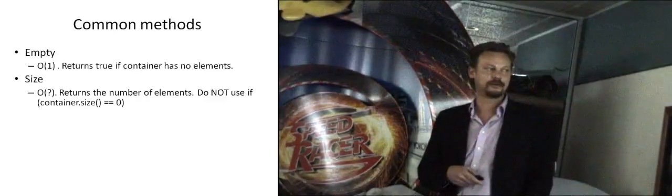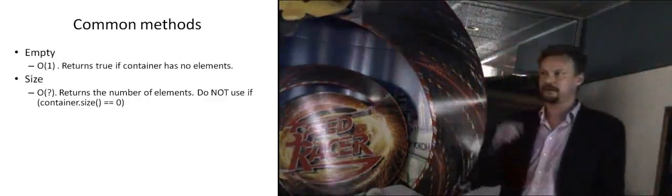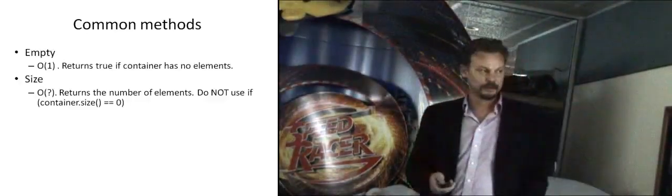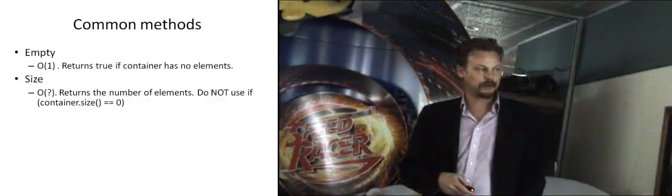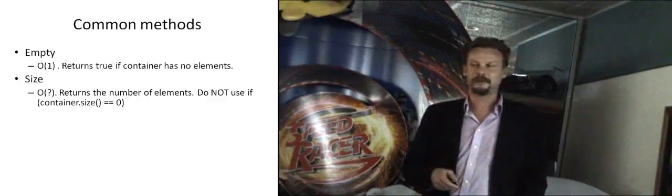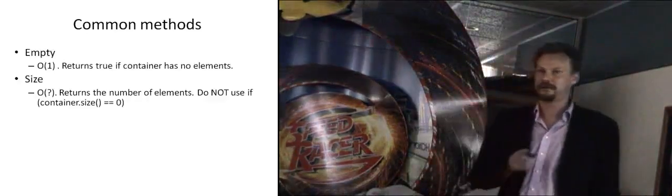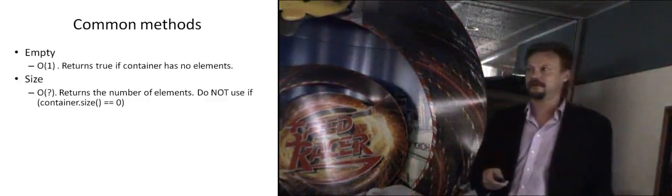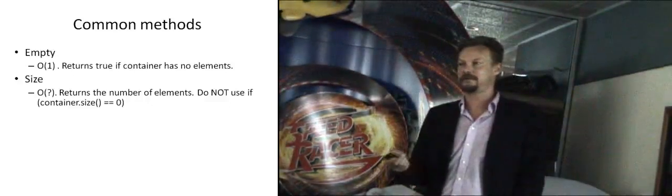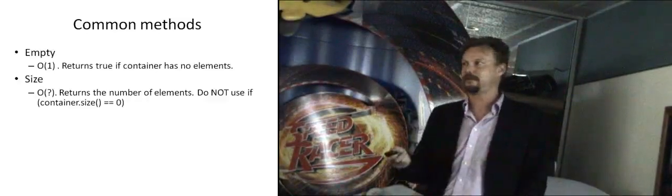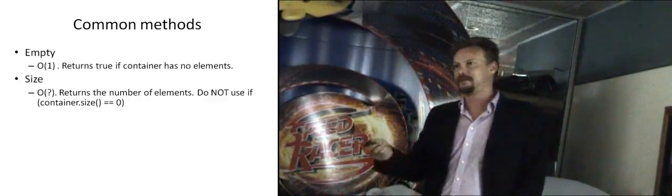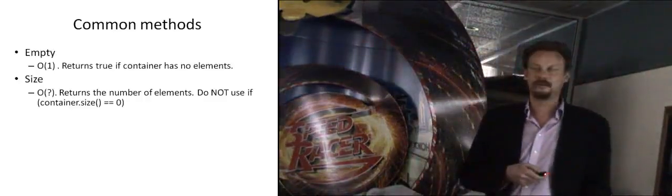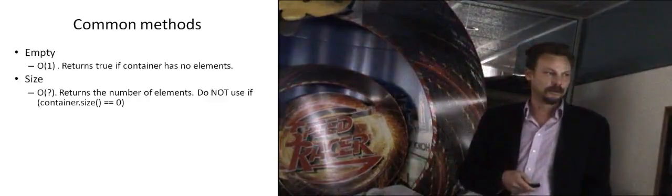There's no requirement on the complexity of size for a container, whether a sequence or an associative container. An implementation is free to say if you want to find the size of a list, it will have to count through every element of that list and then give you the size. So if you want to know if the list is empty and you've got a list of 4,000 items, it's going to count through all 4,000 objects just to tell you that there's not 0 objects. In that case, empty is much better to use.